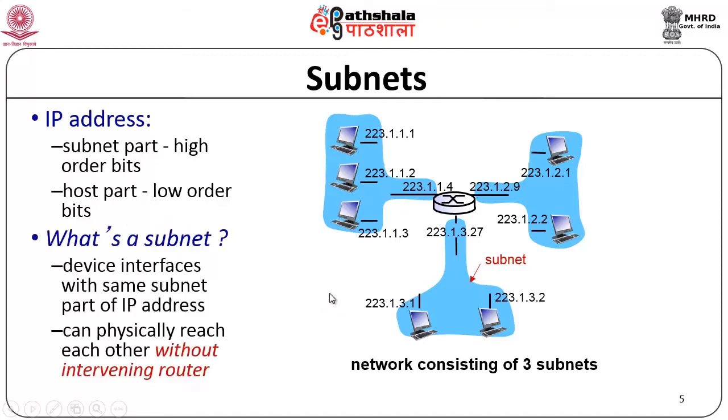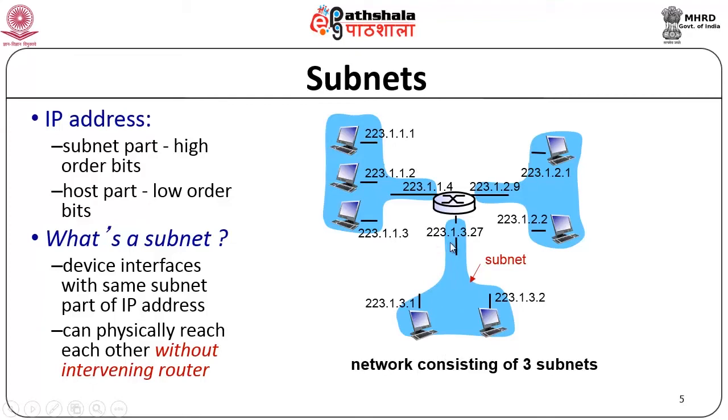Take for instance an example network shown here, which consists of 3 different networks, so 3 subnetworks so to say. I have a router or a switch here to which there are 3 interfaces, and on the 3 interfaces there are 3 different networks connected. If you look at the addresses assigned here, all these addresses will have the same prefix.